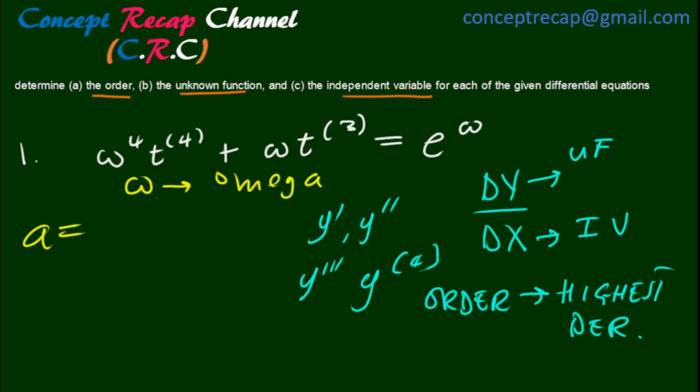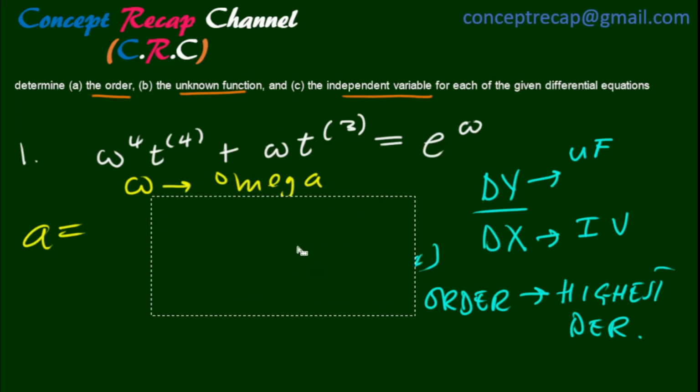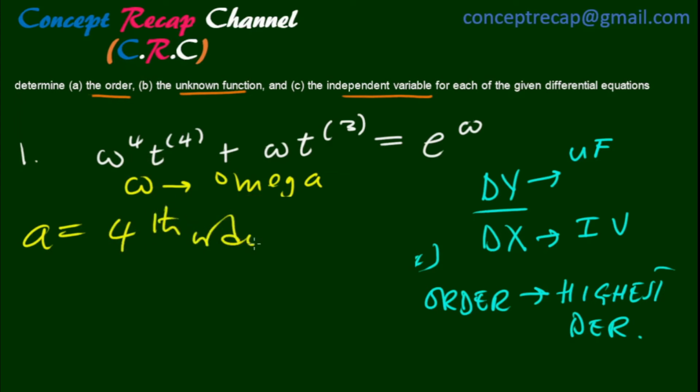According to this one, your derivative order will be what? It will be 4, fourth order, because that's the highest derivative. The omega is to the power 4, not to the 4th derivative.